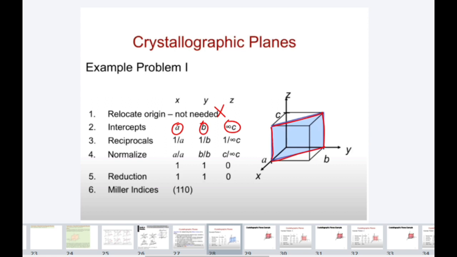The next step is to take the reciprocal to get rid of the infinity, and normalize to get rid of A, B, C. We just want to show the integer numbers, and finally we do the reduction. Reduction means if there is a fraction or decimal, we make it a full integer, and finally we enclose it in the bracket. So we represent the plane like this. Is it clear?